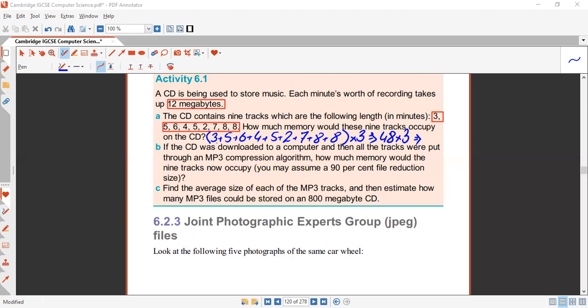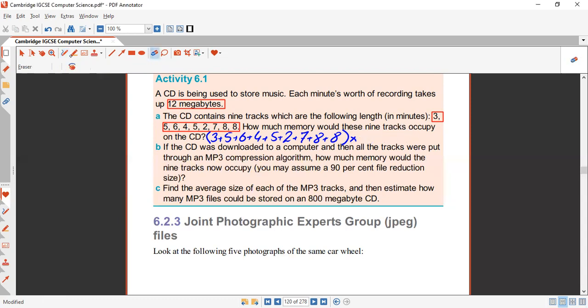3 plus 5 is equivalent to 8, then 10, 18, then just after 18, 14. So 18 plus 14, we are going to get 32, plus 16, it's 48. Oh, why did I multiply that by 3? I'm so sorry.